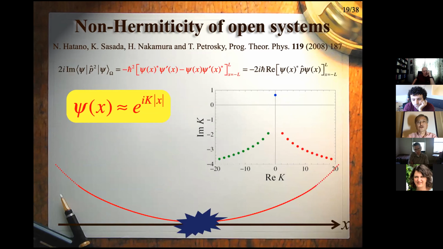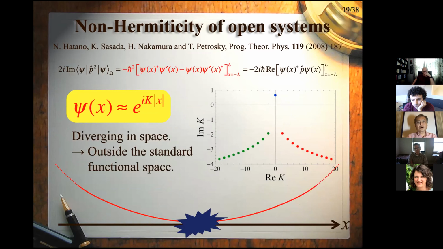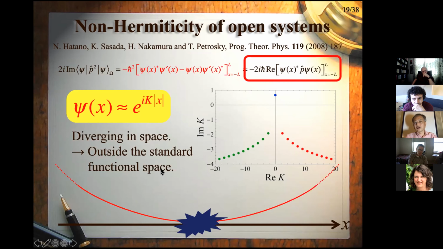So in this kind of functional space, the Hamiltonian is actually non-Hermitian and can have complex eigenvalues, because this cannot be zero in this functional space.